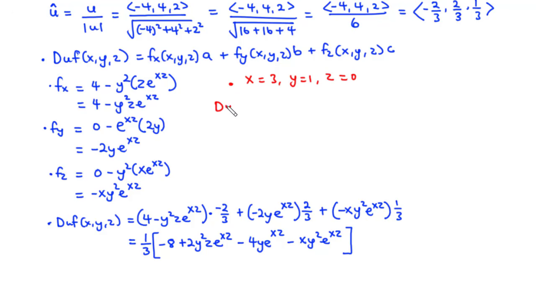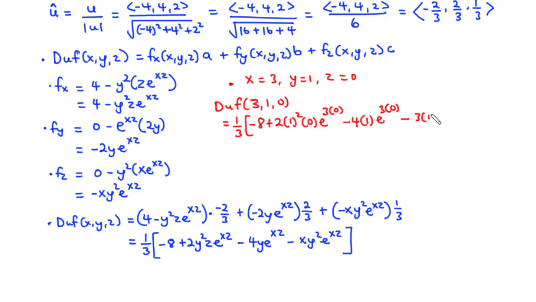Therefore Du f of 3, 1, 0 is equal to, we have 1 over 3 on the outside, negative 8 plus 2 times y is 1, so 1 squared, and then z is 0, e to the power x is 3, z is 0, minus 4y is 1, e to the power x is 3, z is 0, minus x is 3, y is 1, so 1 squared, times e to the power 3 times 0.